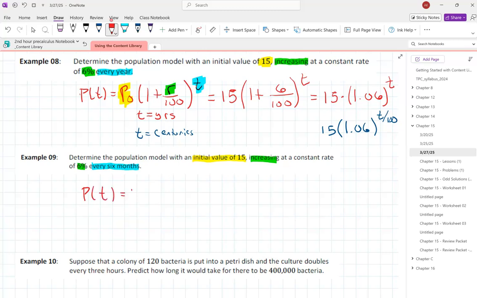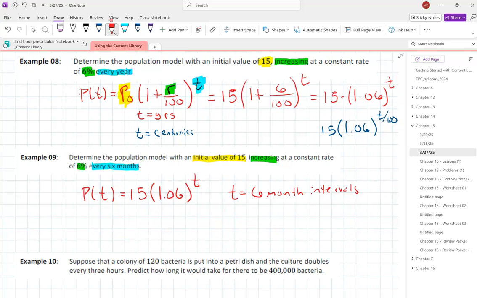So I could write it this way. I can say P of t is just equal to the same thing as before, but this time where t is like a 6-month interval.